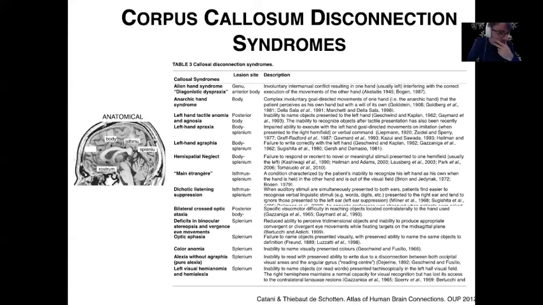And then if you go again a little further, this time into the isthmus, almost the splenium, the posterior part of the corpus callosum, then the patient will show a syndrome like main étrangère. So they do not recognize this hand as their own hand.